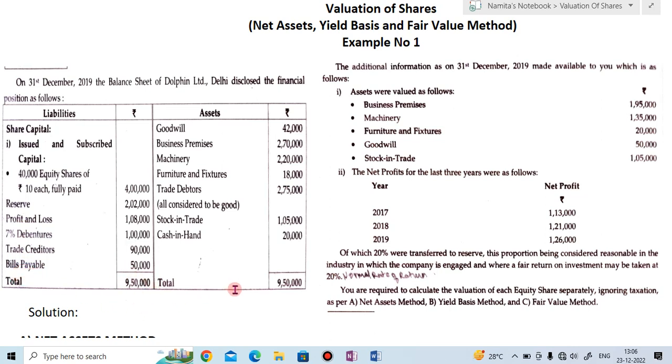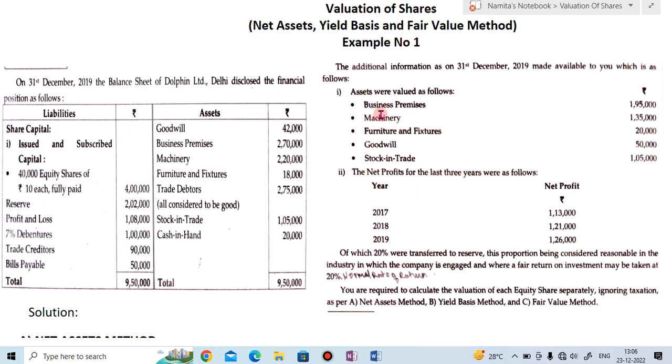Now along with the balance sheet there is some additional information, as on 31st December 2019, made available to you. Point number 1: assets were valued as follows. So the assets which are given in the balance sheet are revalued.